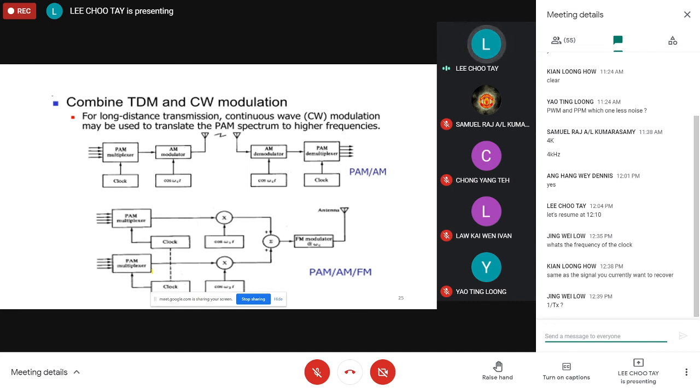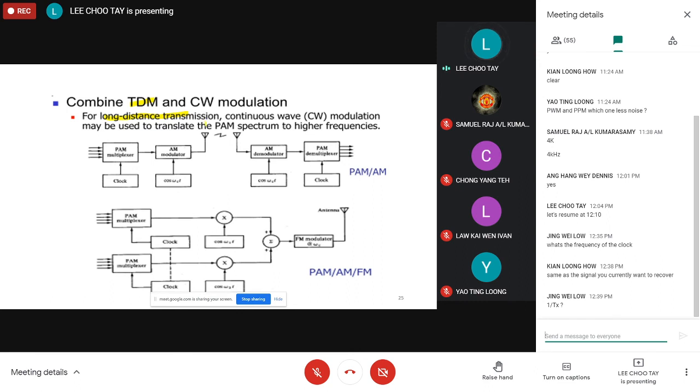And if you use TDM to combine them, again, it's also over wire and cable. But if you want to transmit the PAM information wirelessly, especially over long distance, then you have to perform modulation.